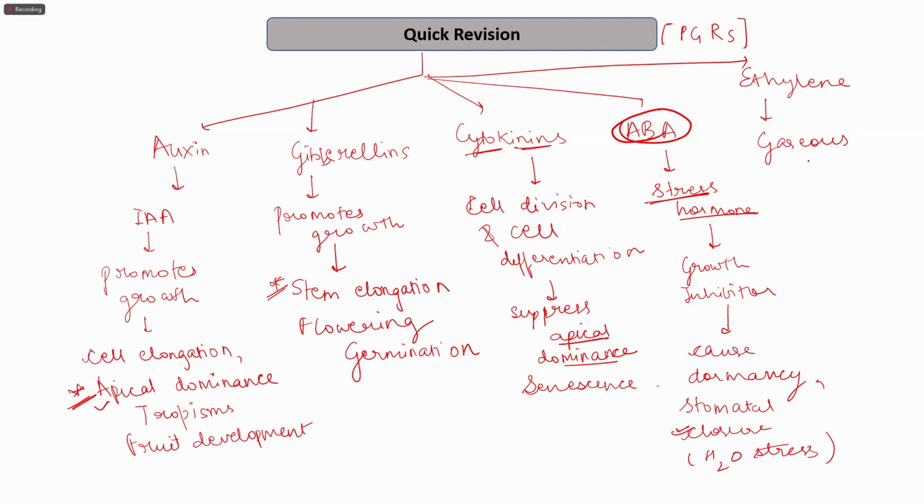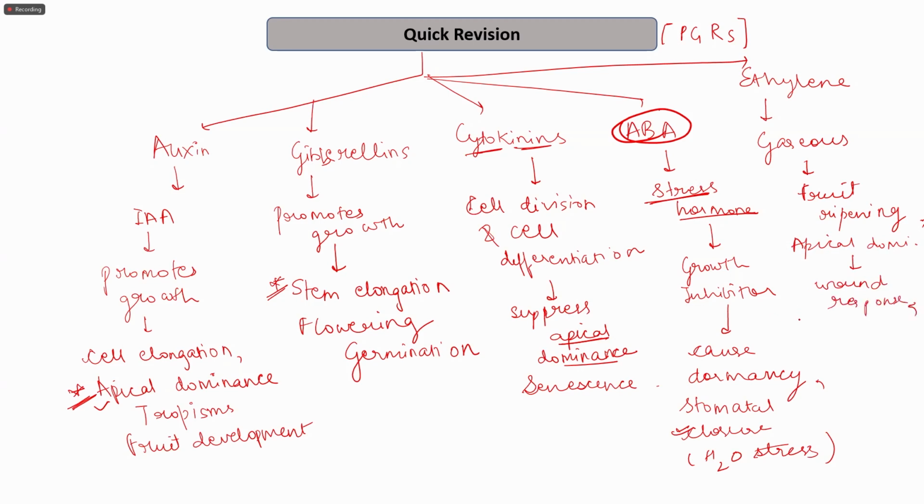And the next one is ethylene, which is a gaseous hormone. Its main function is fruit ripening. It plays a role in apical dominance. It plays a role in wound response.